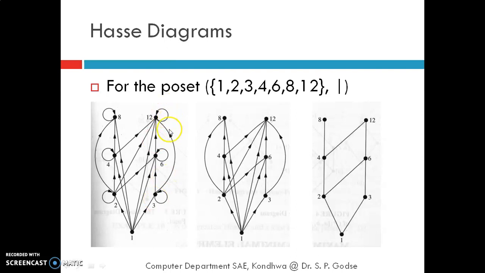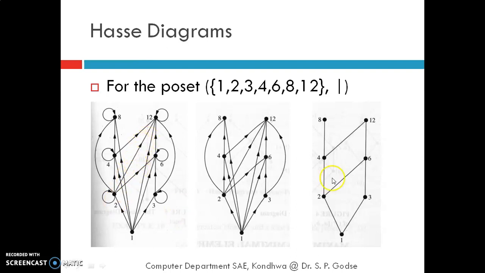So the steps are applied one by one. The first step is to remove all these self loops. Then the second step is to remove the edges because of transitivity. Which is the edge because of transitivity? We can see here that 2 divides 4 and 4 divides 12, so 2 also divides 12. This edge is because of transitivity.